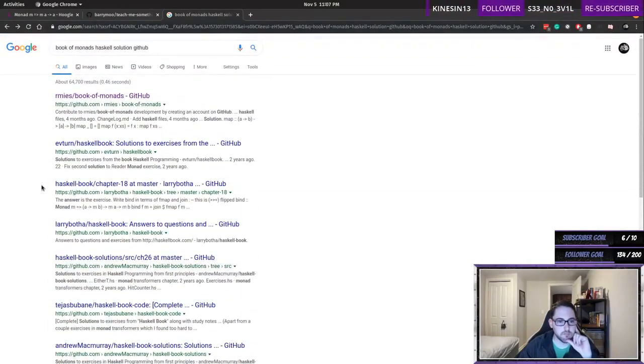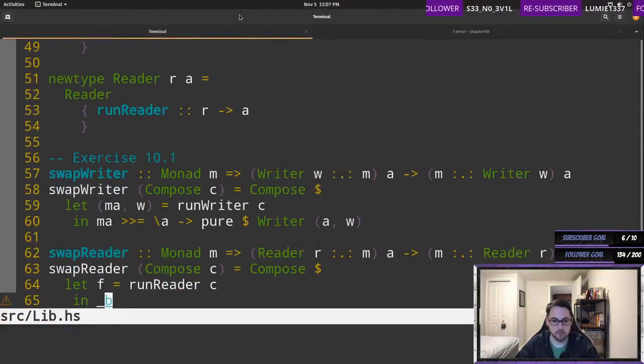I don't really see a solution to this. I really don't know how to do this. I'll be completely honest with you. I don't see how you make this happen because you can't unwrap a monad.